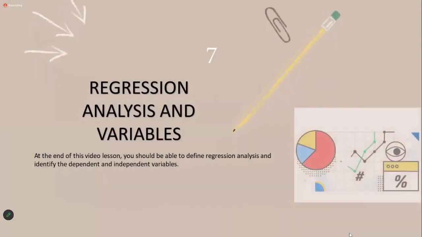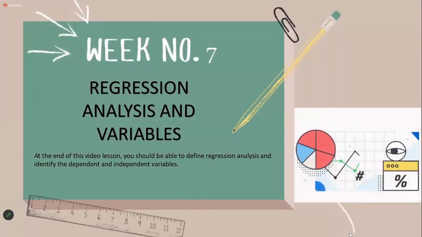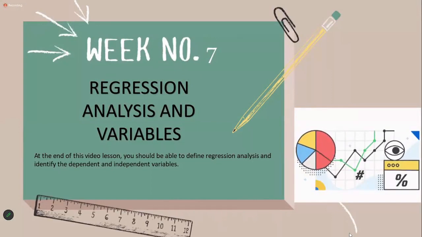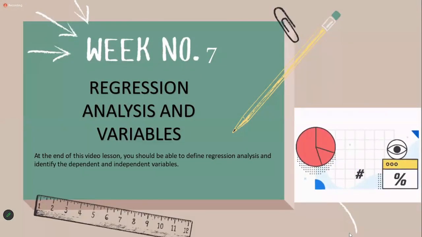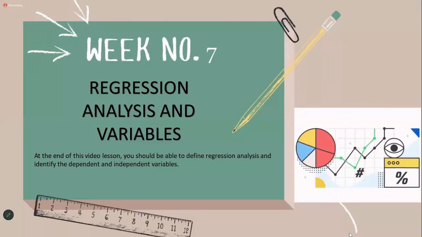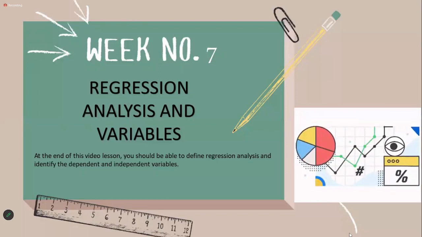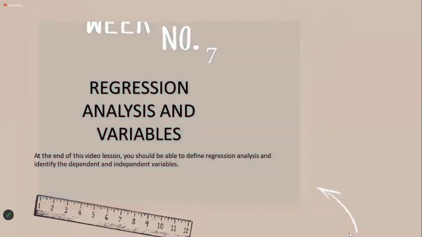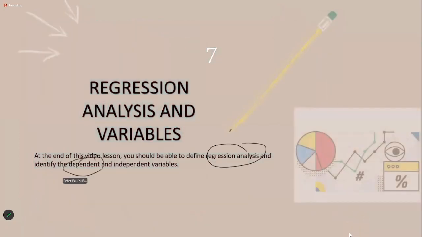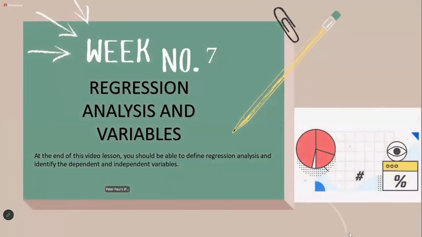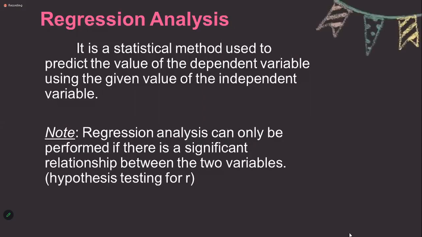So, for week number 7, at the end of this lesson, you should be able to define kung ano ba yung regression analysis. This is a new concept also with you. And ano yung mga tinatawag nating independent and dependent variable. Yan yung mga key concepts na pag-uusapan natin.